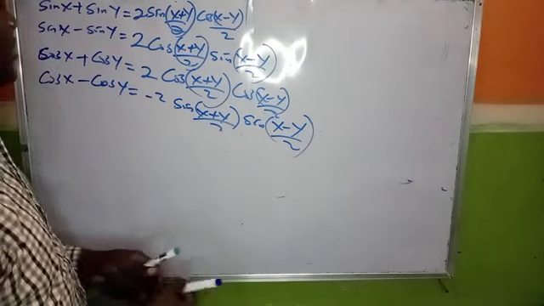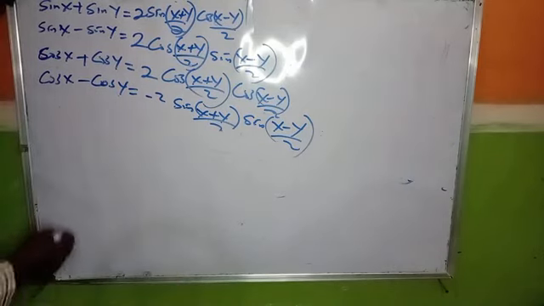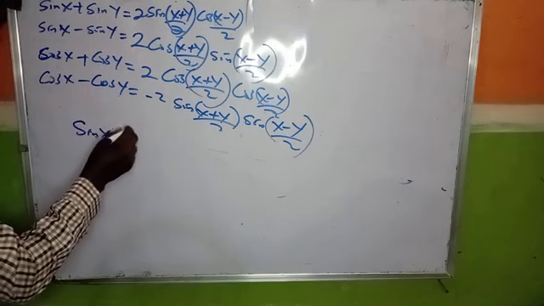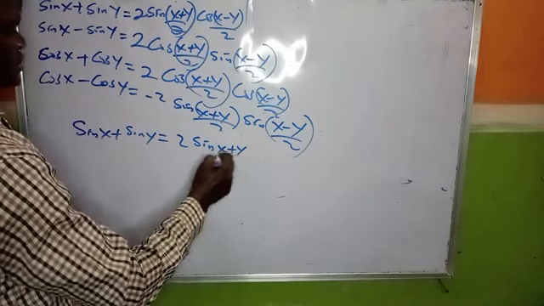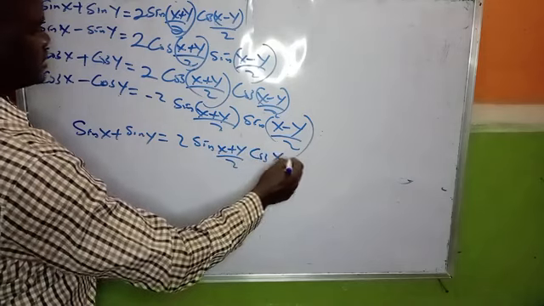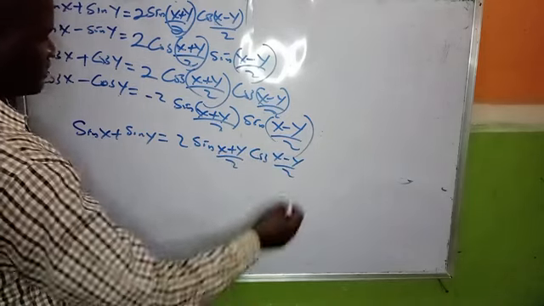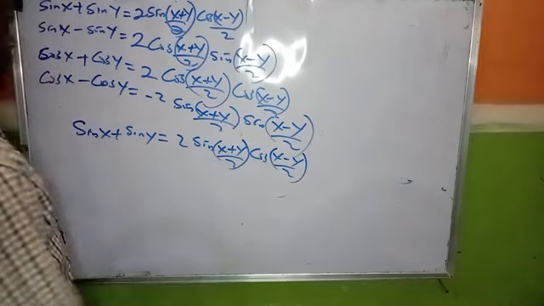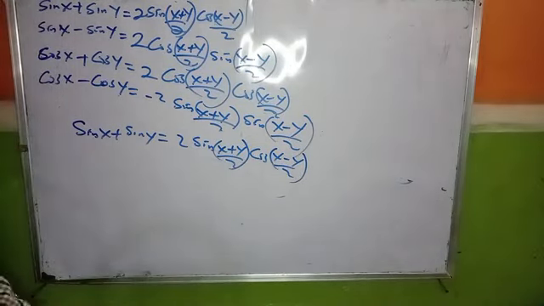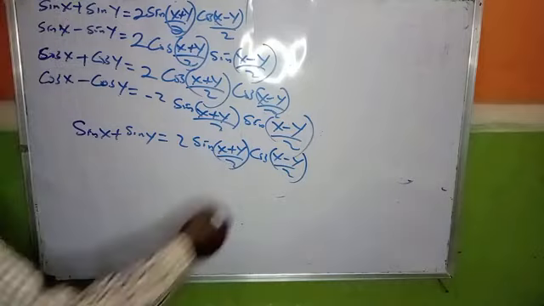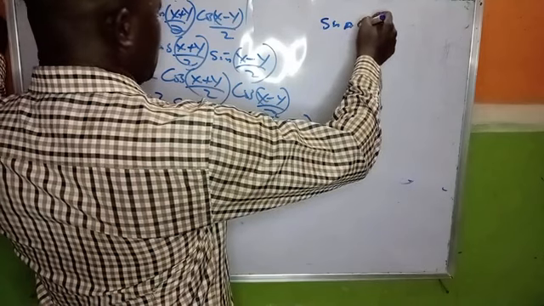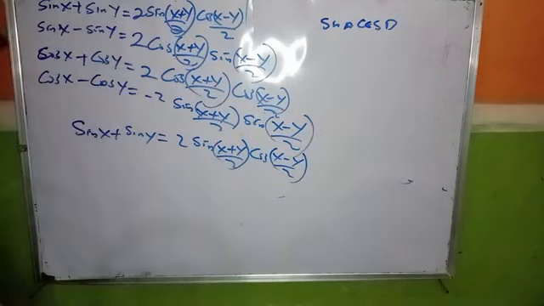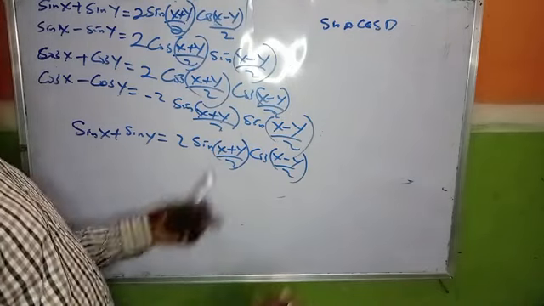Take for instance, you have sine x plus sine y equal to 2 sine (x plus y)/2 cos (x minus y)/2. Or you simply want to have something like sine a cos b. How is it going to be?